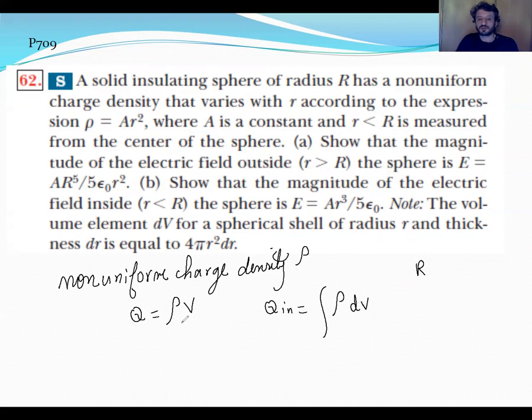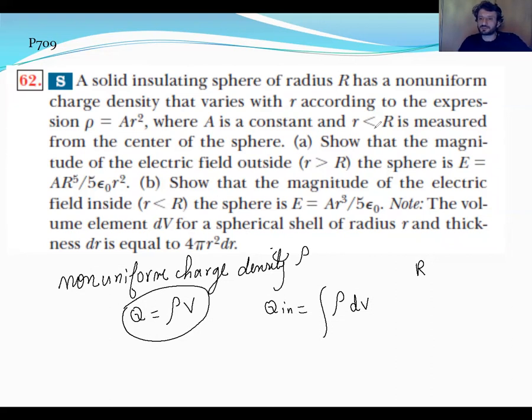You can say Q equals rho times V only if rho is constant and the charge is uniformly distributed inside the object. But if the value of rho is not constant, you have to write Q equals integral rho dV.